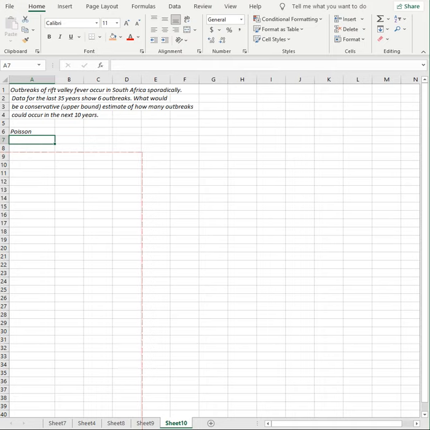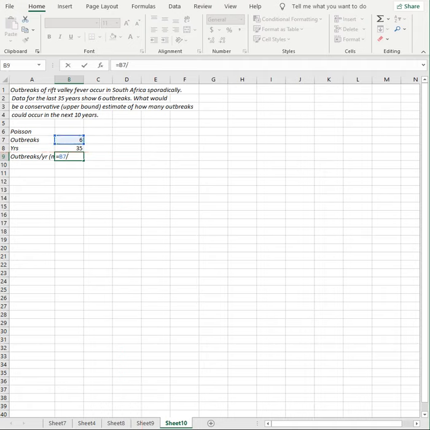So the number of outbreaks that we have in that time unit is 6. How many years? Well, that's 35. So how many outbreaks per year? We're looking for a mean here, aren't we? So let's go 6 divided by 35.